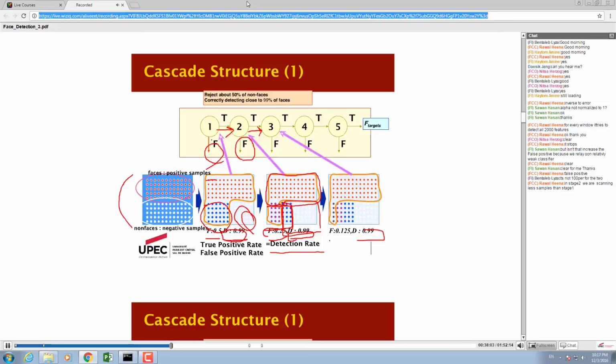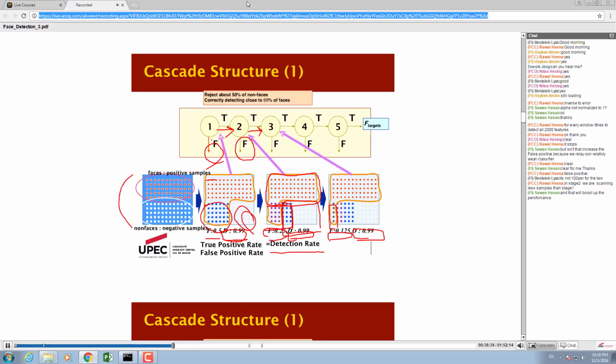By the way, in stage 2 the detection rate, the true positive rate, is still 99%, 0.99. The false positive rate is now half of the previous one, becoming 0.125. In this way, we can decrease the false positives in every stage.